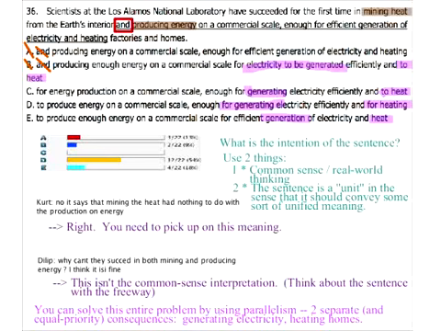And these are also not written the same way either. If this is generation of electricity, then it should be heating of homes and factories. So let's type that out. Efficient generation of electricity would go with heating of homes.